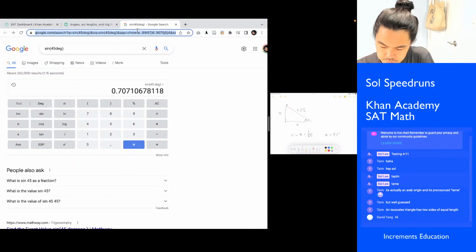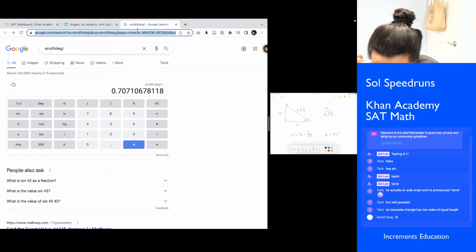So x over x square root of 2 is sine, but over here it's giving me, wait, 2 squared plus 2 squared is equal to 8. So this is supposed to be root of 8, which is equal to 2 over root of 2.